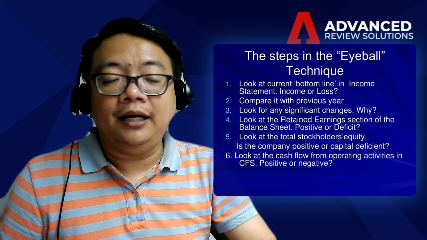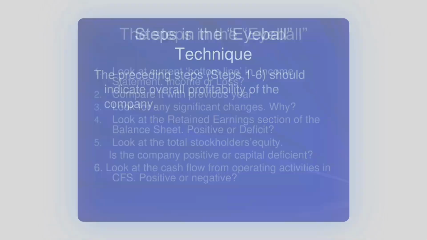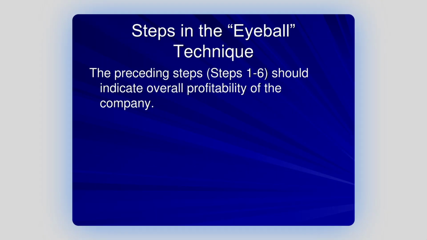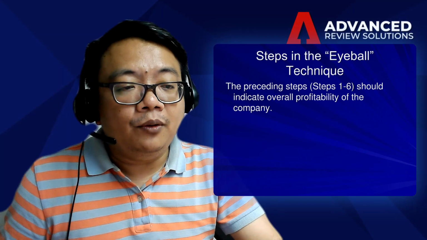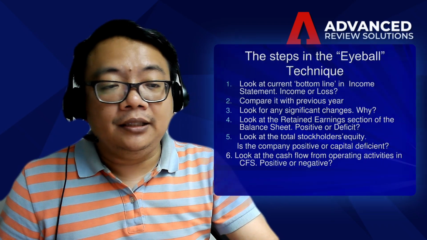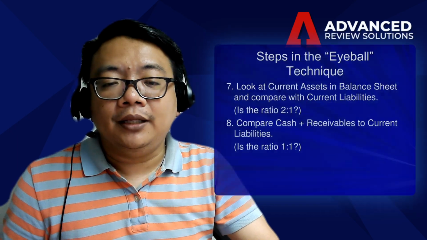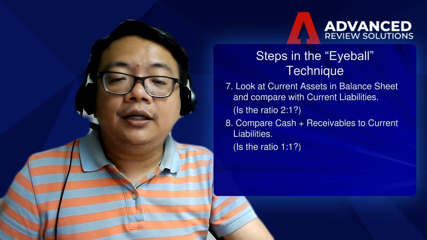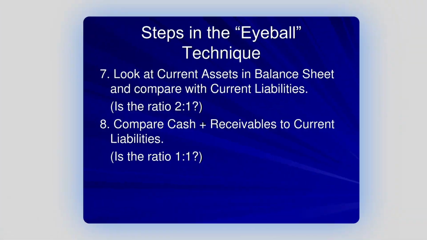Okay. The preceding steps, number one to number six, should indicate the overall profitability of the business.